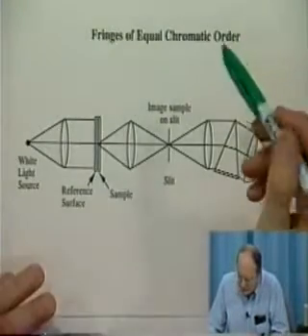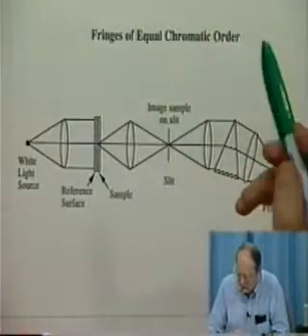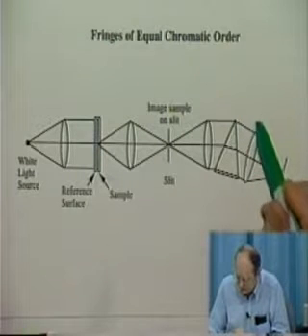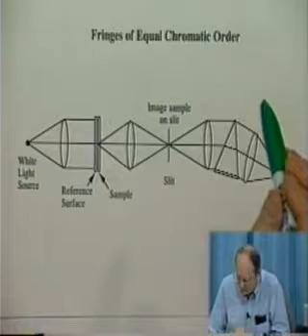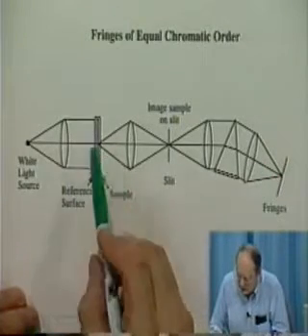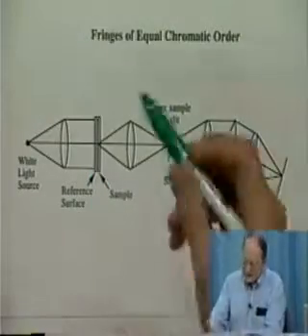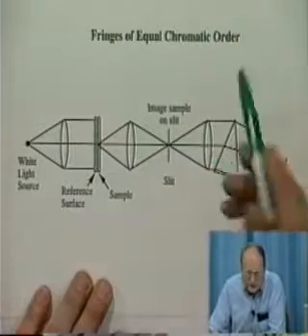Okay, we're going to start out here with a white light source. And it could be a point source, or it could be a slit. But in any case, we're going to illuminate the sample with a collimated beam of light. And next to the sample, we're going to put a reference surface.